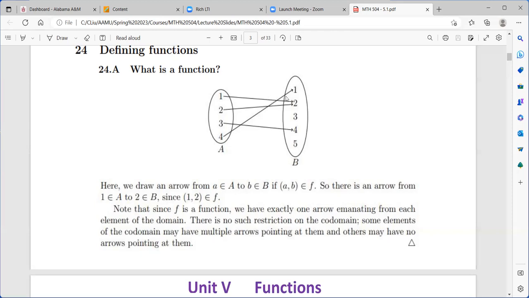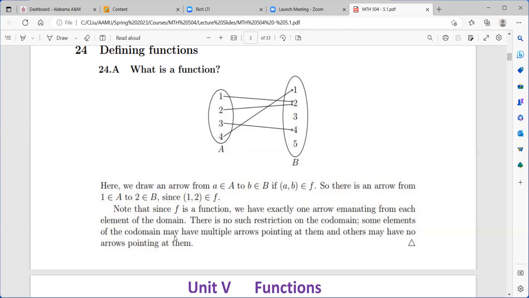There's only one arrow going from each element inside A. And there's no such restriction on the codomain. Both 1 and 2 inside A go to the number 2 in B. So in the codomain, the number 2 can correspond to two different numbers in A, and that's fine for a function, as we already know.